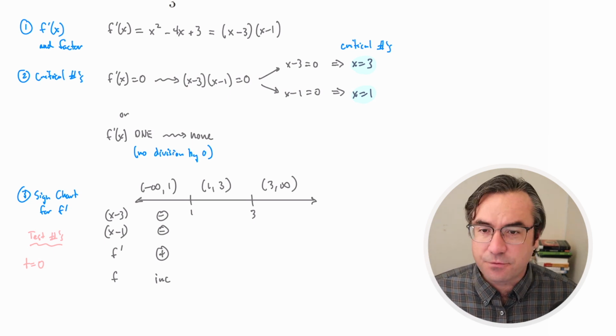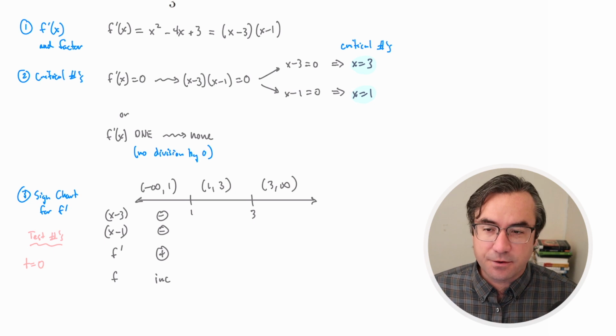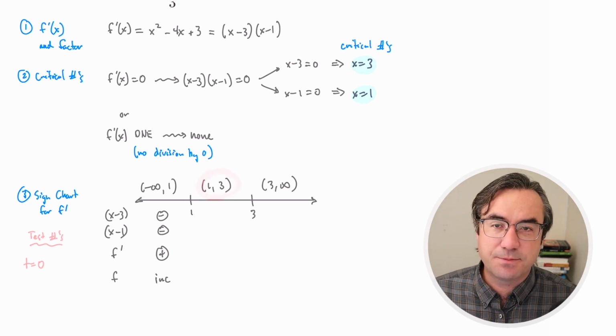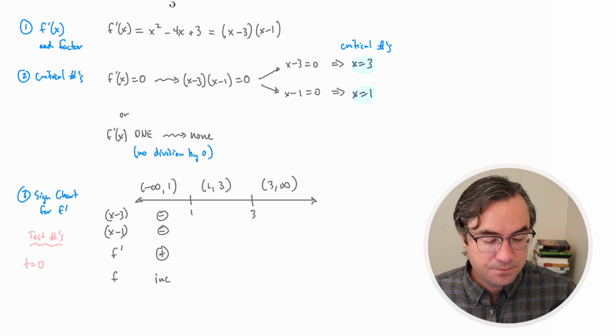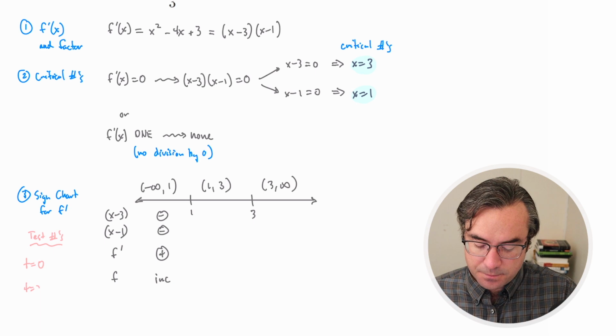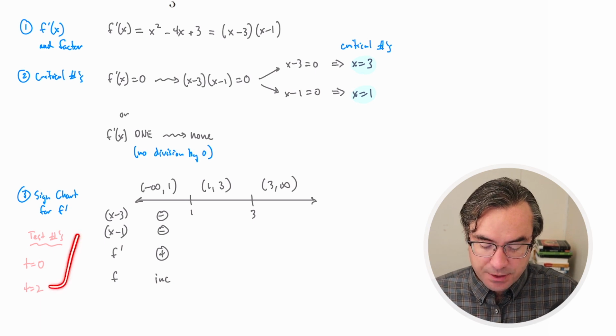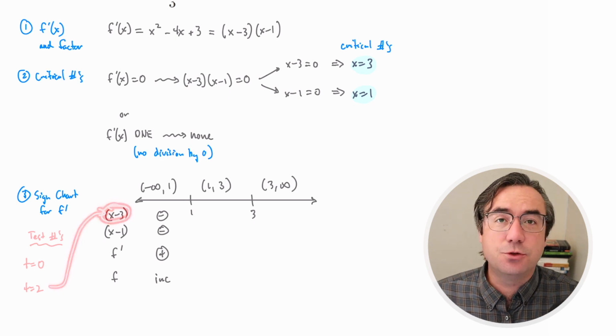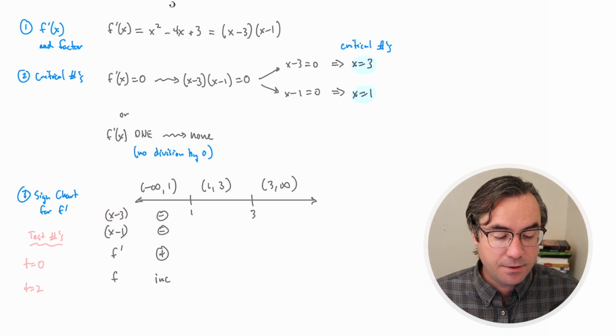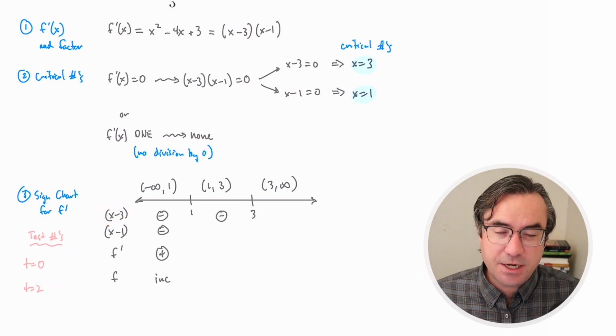All right, so then we just repeat this for all of the different intervals. For the next interval, we want to pick a test number between 1 and 3, so 2 would work. We plug 2 into the first factor. We get 2 minus 3, which is negative 1. We don't really care about the number, we just care about the sign. So in this case, negative.